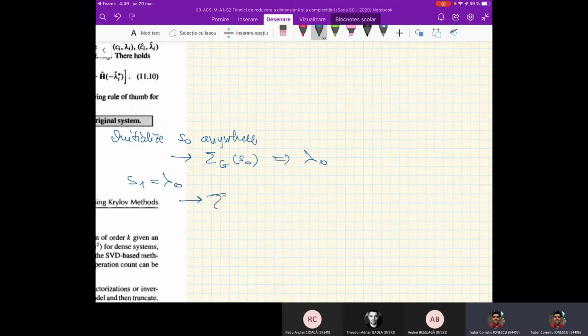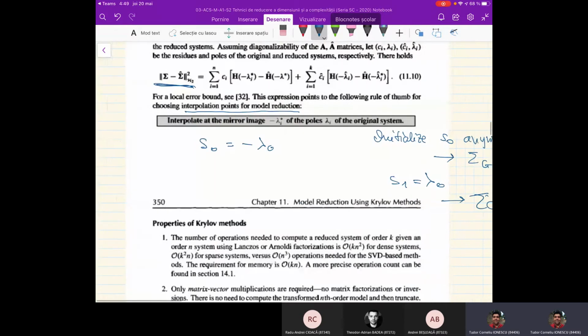And then the new sigma g of S1 produces lambda 1, and the criterion is decrease of the 2 norm of the error. You check the error every time, and if the error decreases, okay, you stop down to a certain tolerance. So this is a numerical algorithm based on such line of thinking.